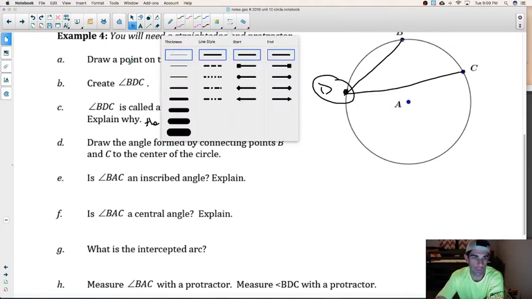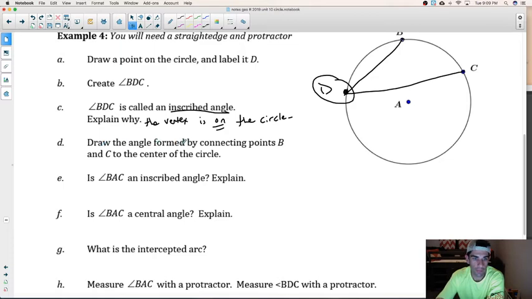Let's try the next one. Draw the angle formed by connecting B and C to the center of the circle. So draw the angle formed by connecting B to the center and C to the center like that. Okay, is BAC an inscribed angle?